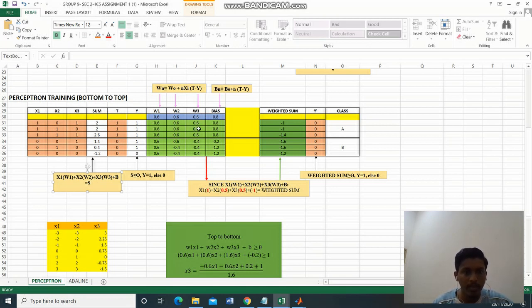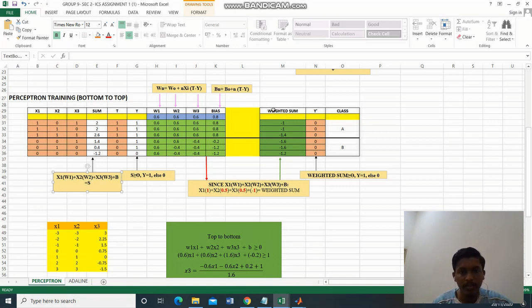The rest of the values, in all the green color boxes, we will calculate by the Wn formula, that is Wn equals Wo plus n x1 times (t minus y). By that we can get the following values for W1, W2 and W3. For the bias, the formula is Bn equals B0 plus n times (t minus y).